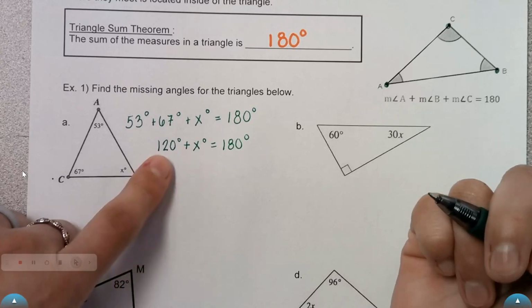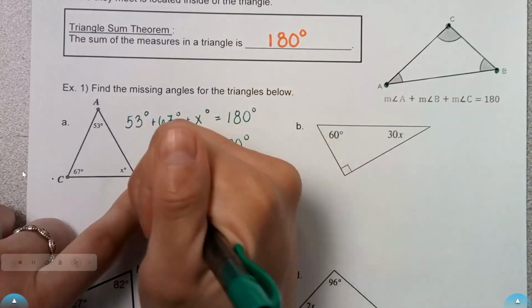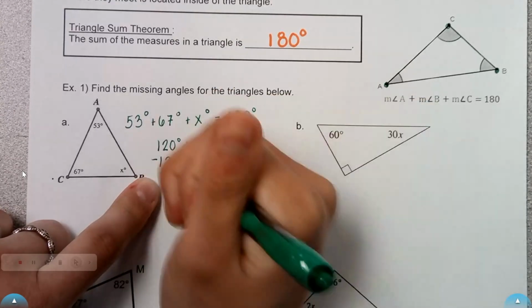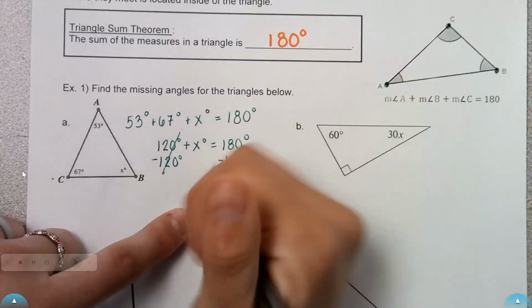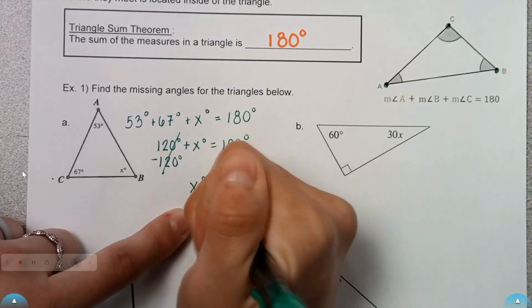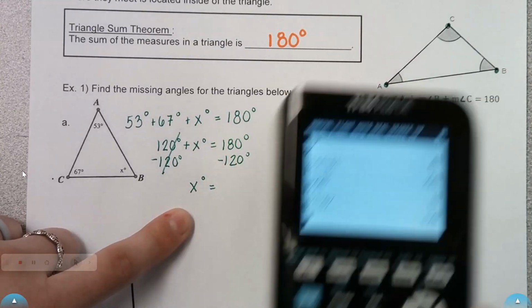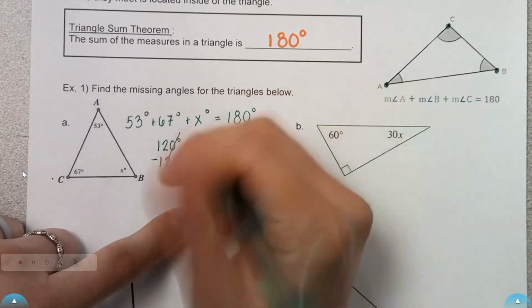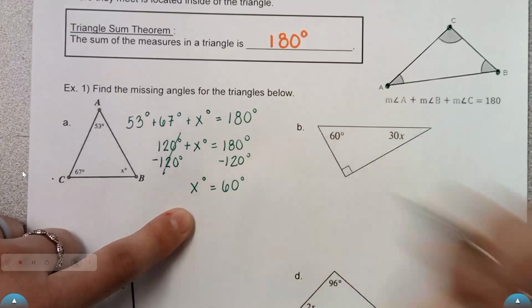So in order to do that, the opposite of positive 120 is negative 120. So I'm left with x degrees is equal to 180 minus 120. I get 60. So 60 degrees.